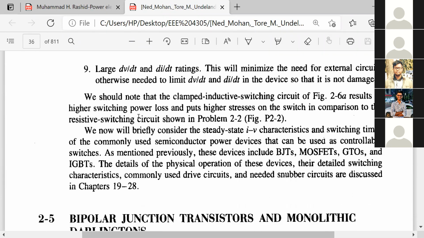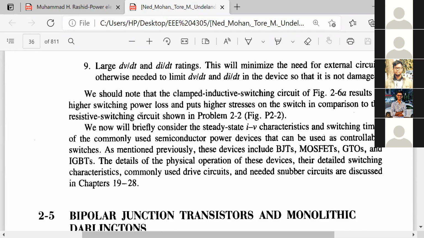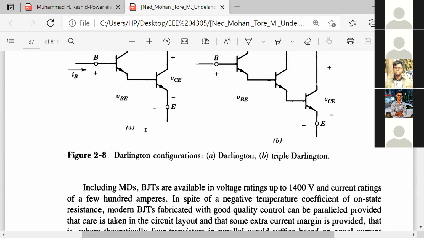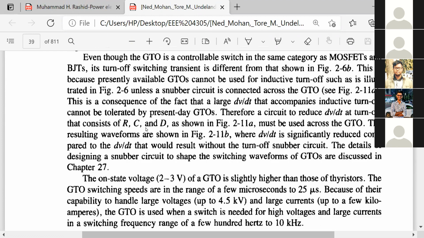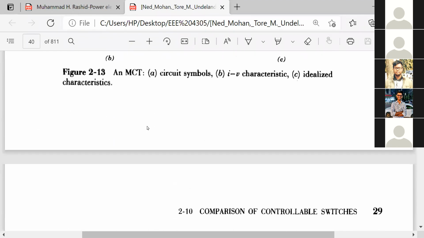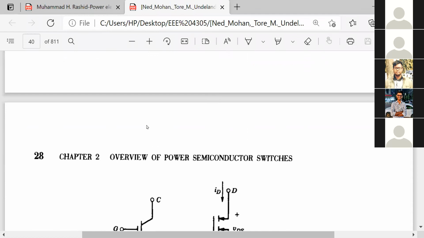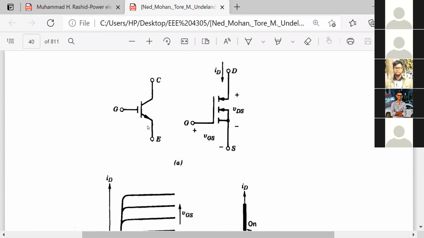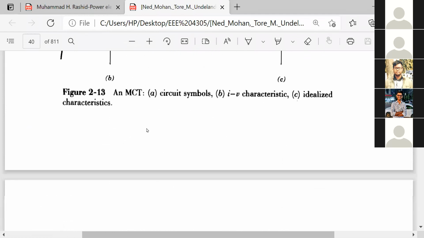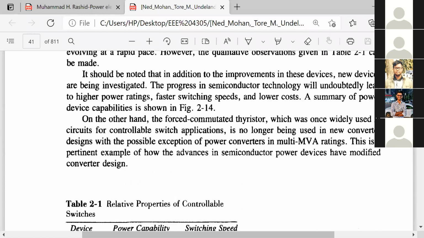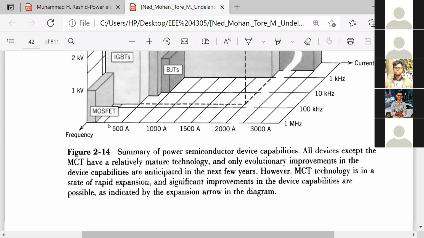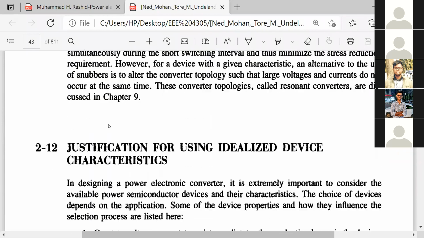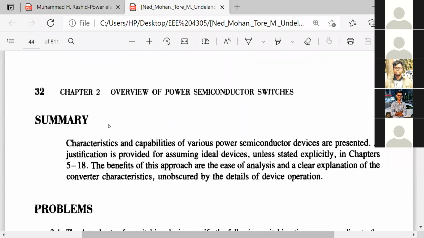You don't need to memorize, just go through it and realize what is there. There are some characteristics of other switches like BJT and MOSFET, which you know. Only the thyristor is new to you. So we shall go to the Harun Rashid book and see some of the controllable characteristics.